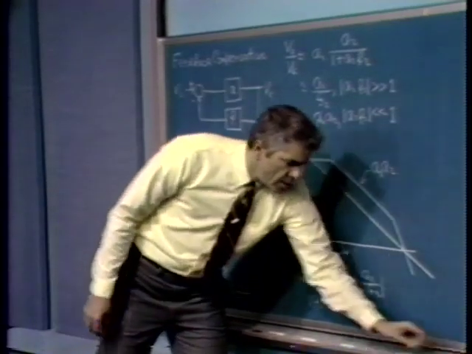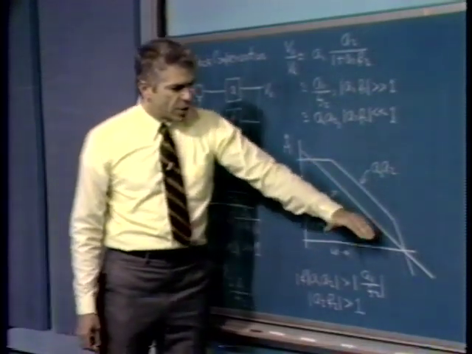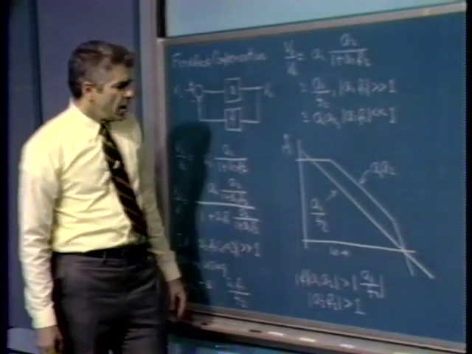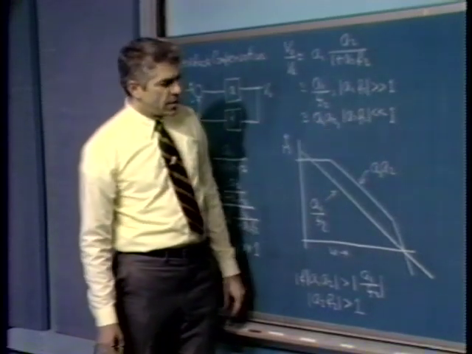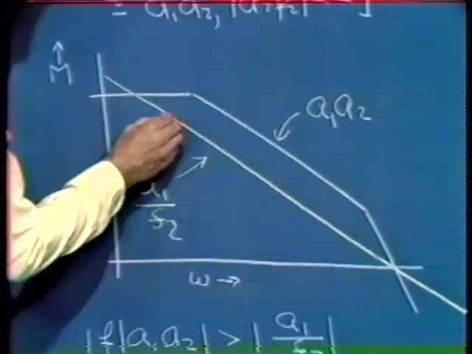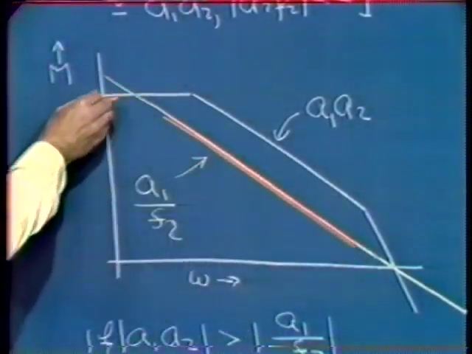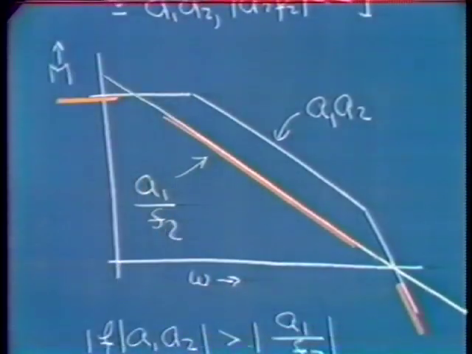A very simple way to do this is to simply use the lower of these two curves at all frequencies. That's a consequence of simply checking the inequalities. And so we conclude, at least where the much greater than and much less than conditions were satisfied, for example in this frequency range and in this frequency range, we could simply select the lower of the two curves as being a very good approximation to the forward path transfer function of our overall system.